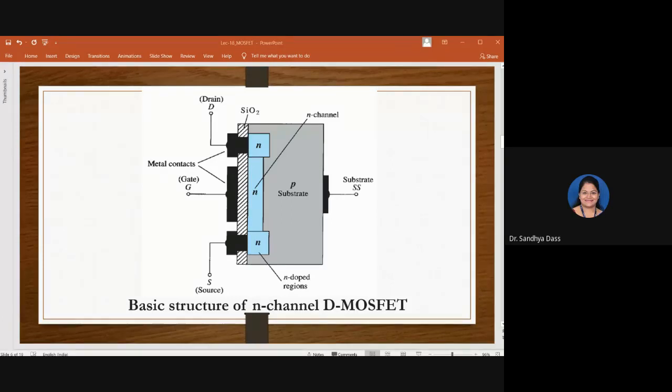So this gate terminal is connected to the metal contact, but as I said, it remains insulated from the N channel because of the presence of silicon dioxide. So this silicon dioxide is nothing but insulator referred to as dielectric. The property of dielectric is that it opposes the electric field whenever it is exposed to externally applied field.